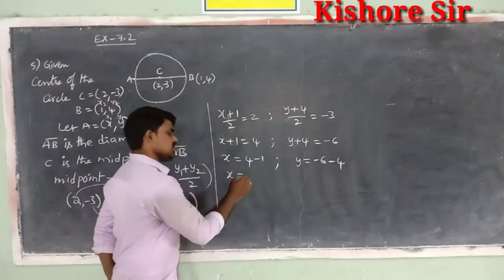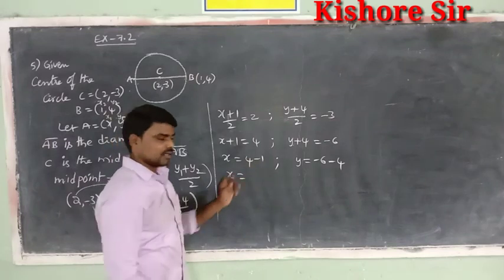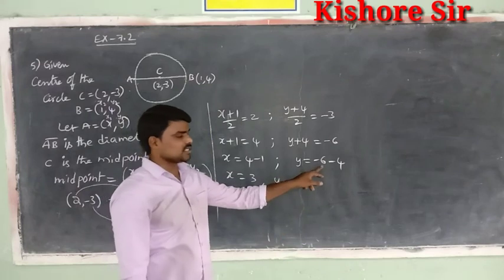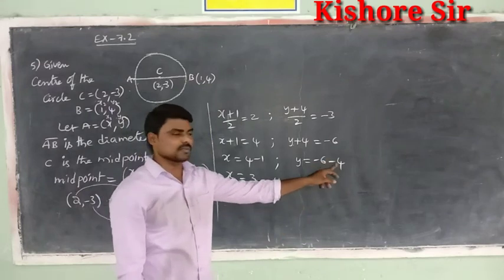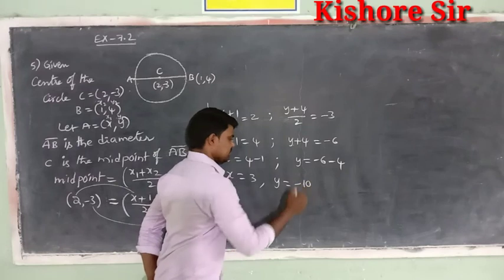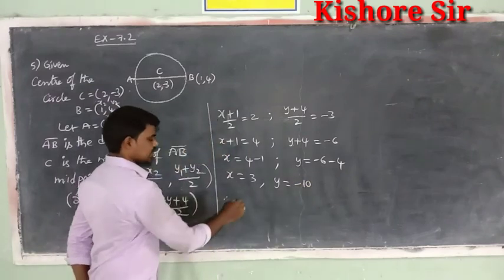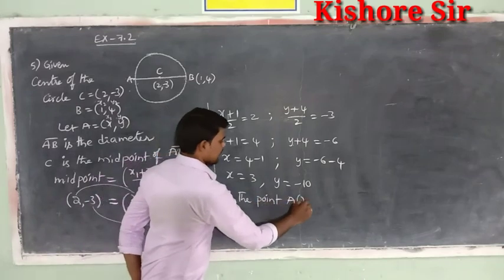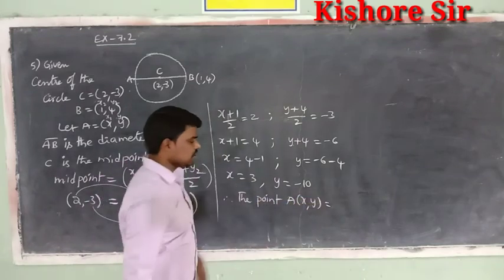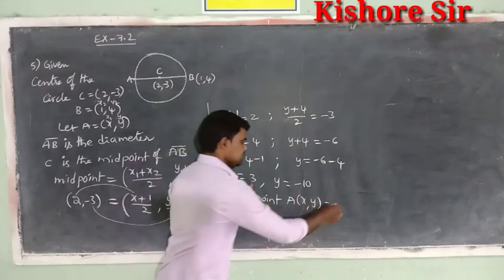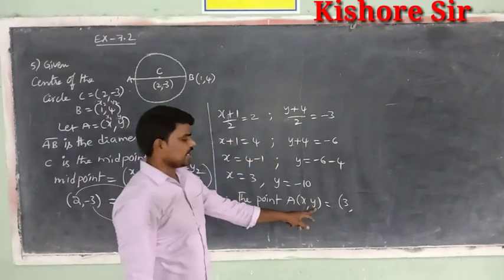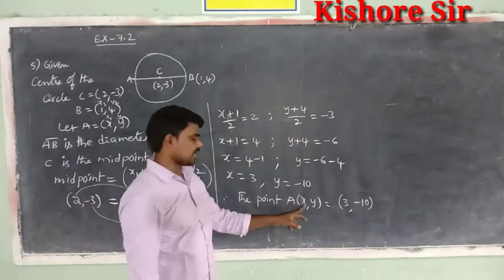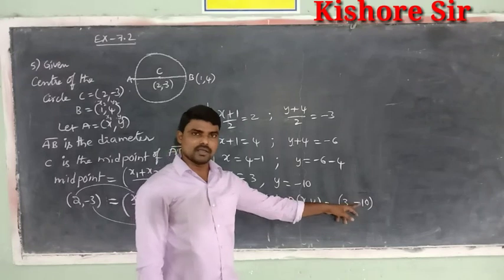Okay, x is equal to 4 minus 1, 3, y is equal to minus 6 minus 4, minus 10. Okay, so therefore the point A, x comma y is equal to, the value of x is 3, the value of y is minus 10. So the required point A, x comma y is equal to 3 comma minus 10.